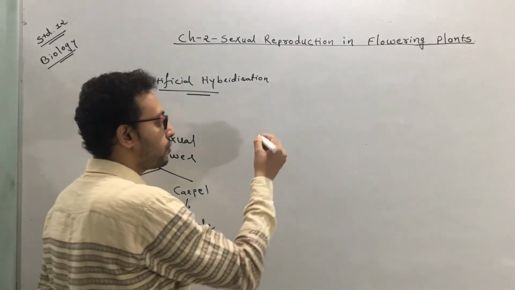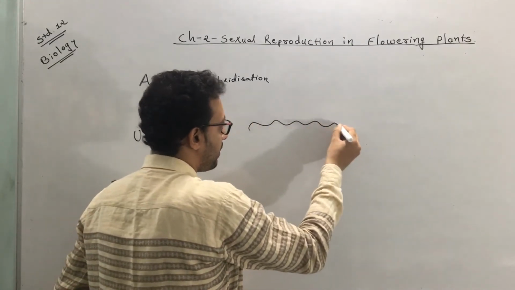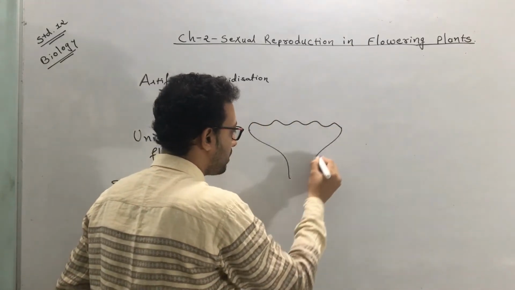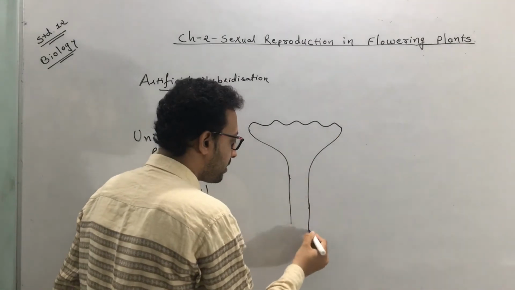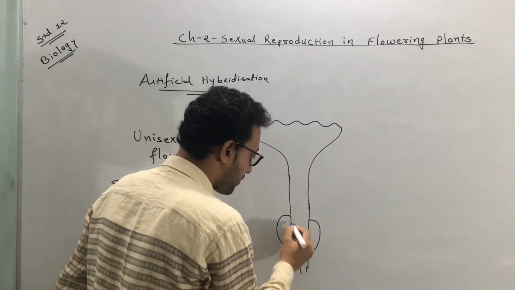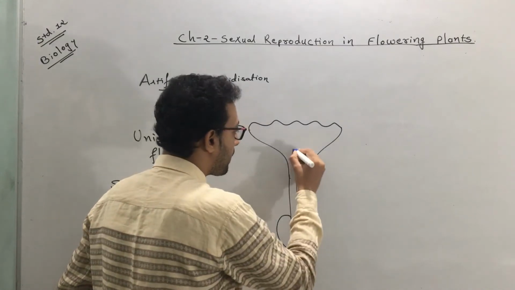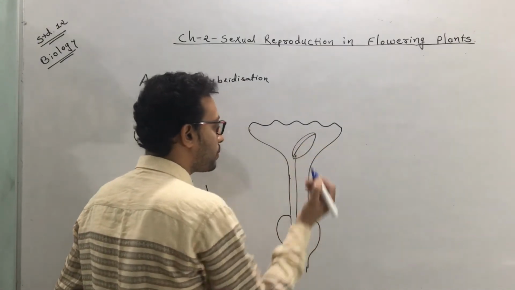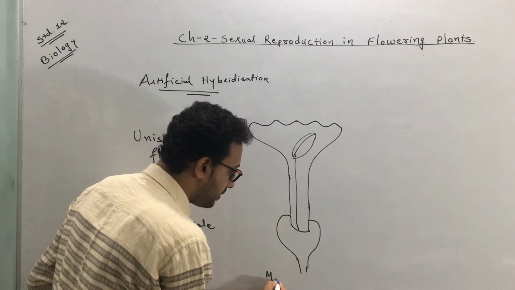Clear? Now see, we draw a different flower. Now tell me which flower it is. Just observe it and tell me. This is a stamen. So which flower is it? Male flower.